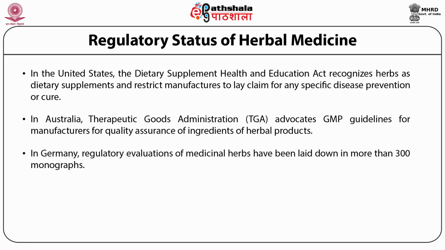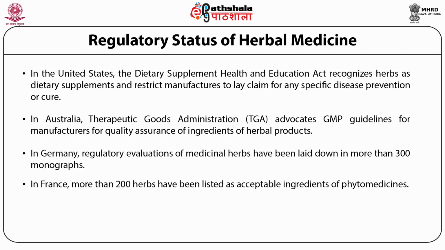The medicinal herbs are used, and as per the official monographs, as many as 300 monographs have been published by Germans, and many more are in the process of publication. In France, about 200 herbs have been listed as acceptable ingredients of phytomedicines.